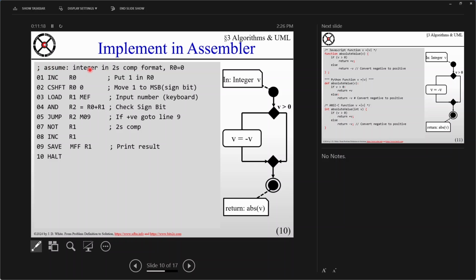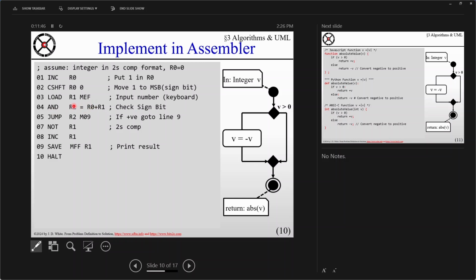So there's an assumption that it's an integer in 2's complement format, and R0 equals 0 are some assumptions coming in. So the first thing we do is INC R0, which puts a 1 in R0. We do a C-shift R0, 0. We load R1 from MEF, which is the keyboard. That's the number you want to take the absolute value of.